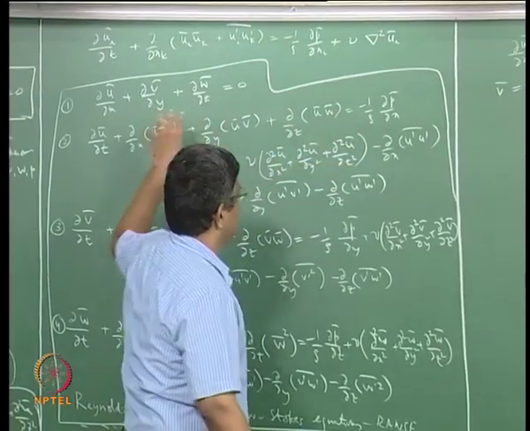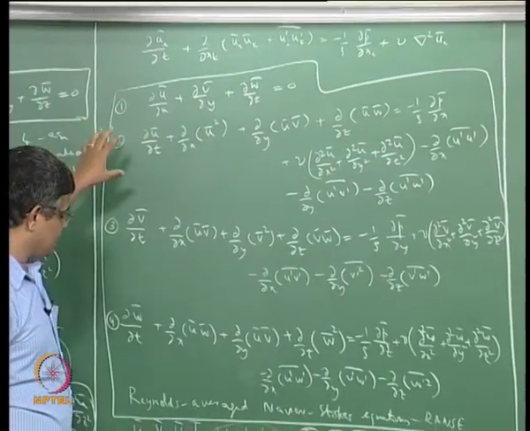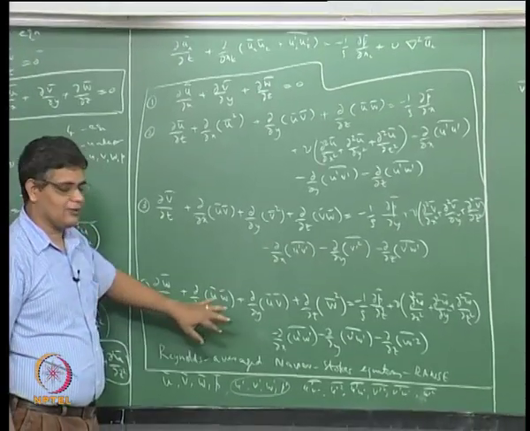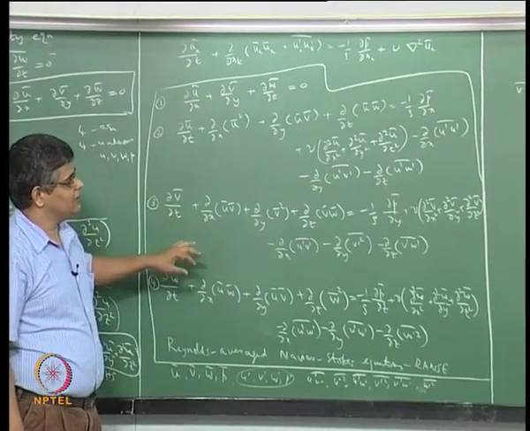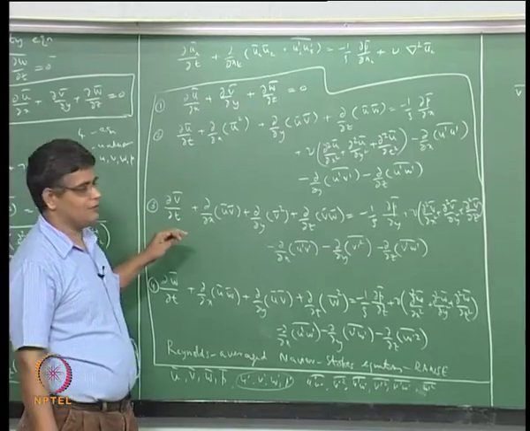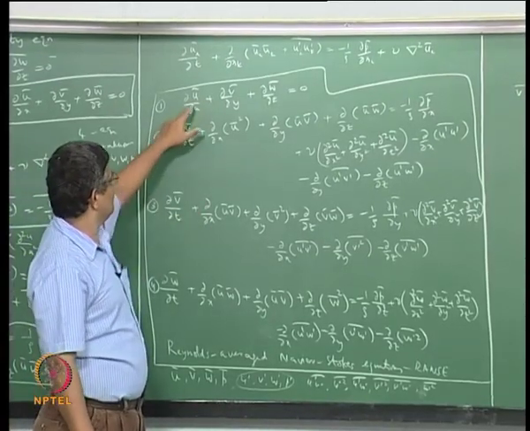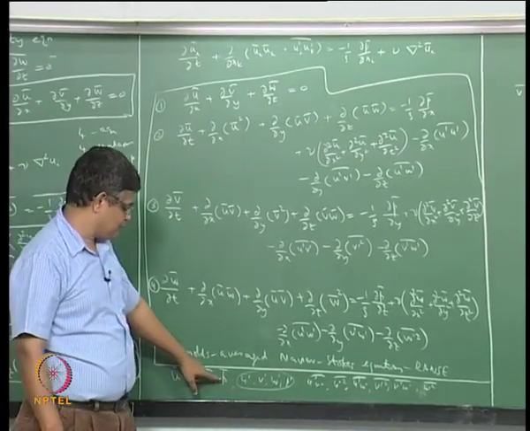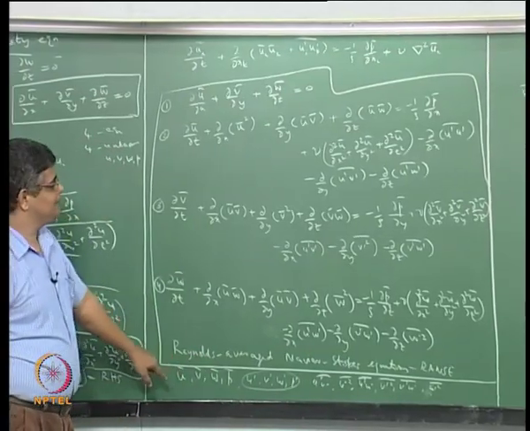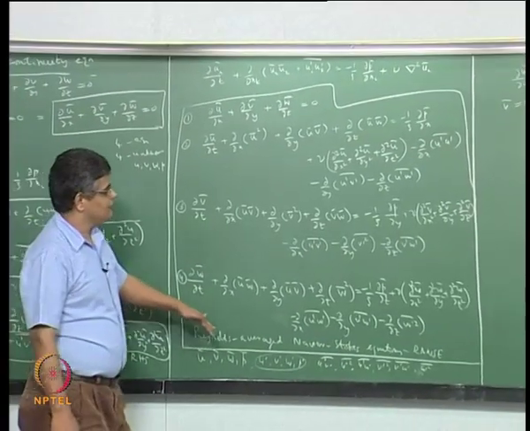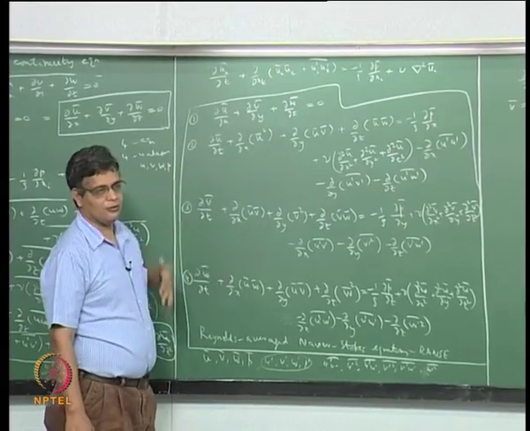So the idea is that when we have the time average form of Navier Stokes equations, and we are interested in the time average behavior, that is how u bar, v bar, w bar and p bar vary with x, y, z, t, we would like to be solving a simpler form of the equations.